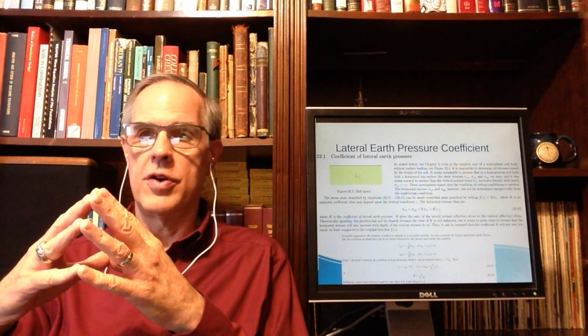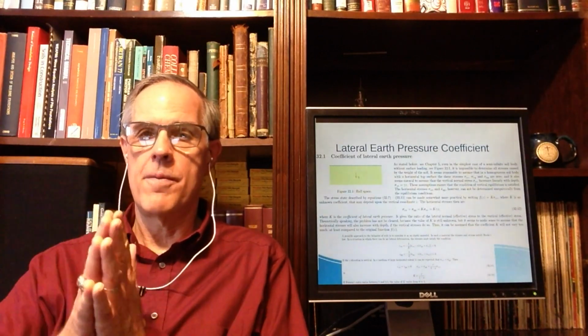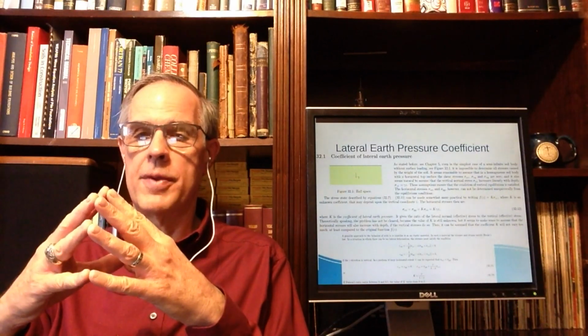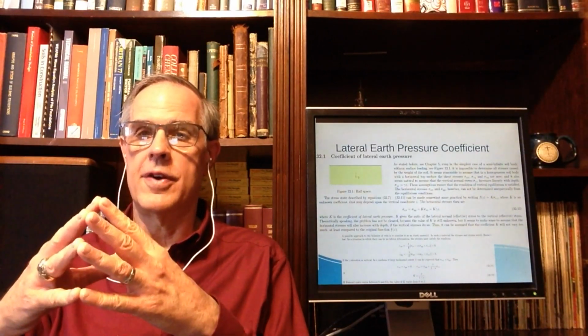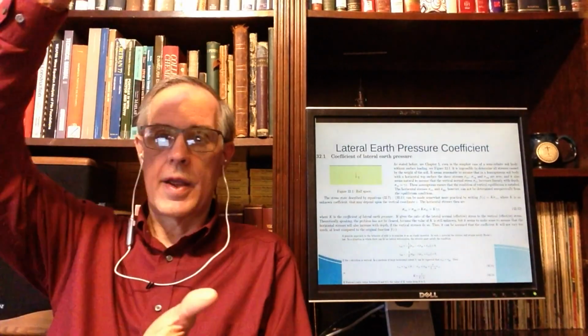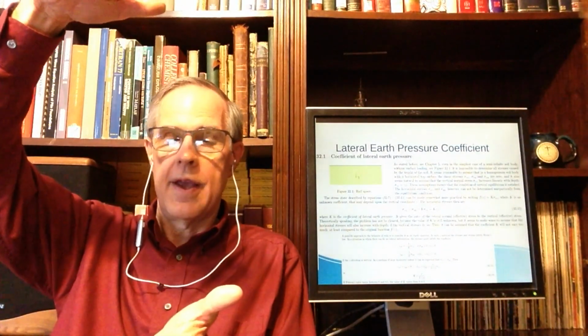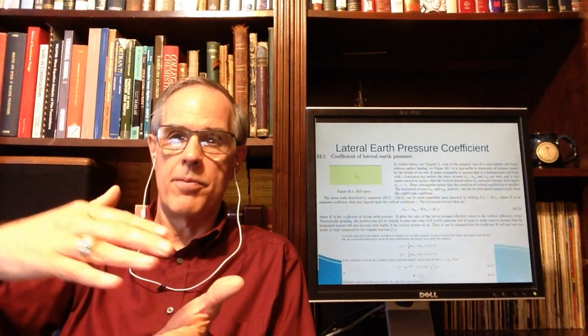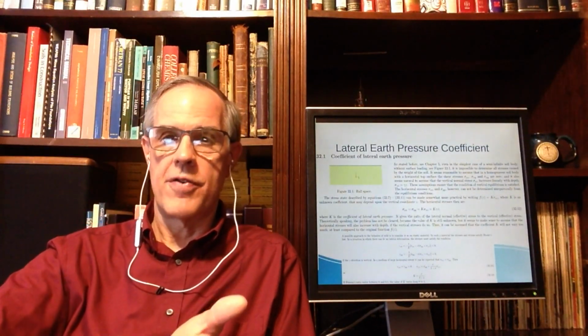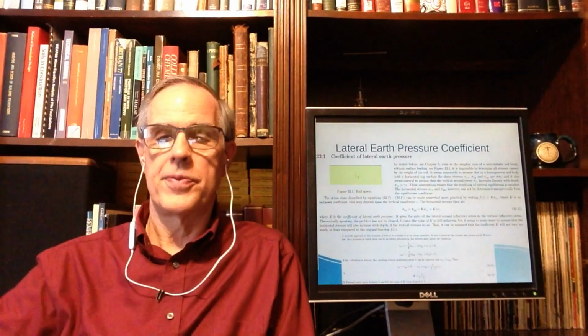Let's just for a minute restrict ourselves to stresses due to the weight of the soil. Those would be either total stresses or effective stresses. Those stresses are computed vertically. You've got a column of soil, so to speak. It has different weights and different buoyancy conditions, and you have a different effective stress at every point all along there.